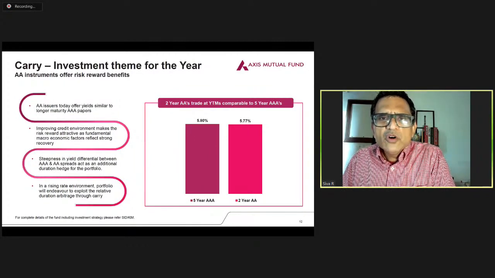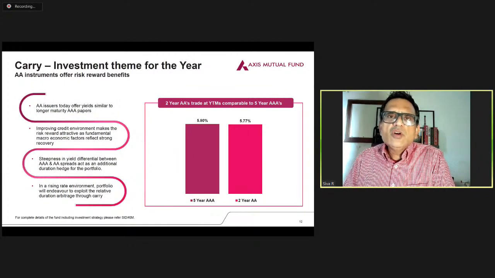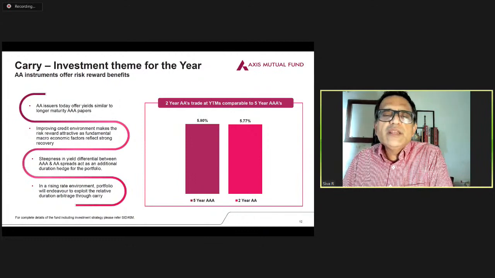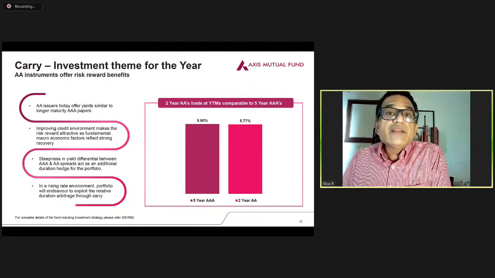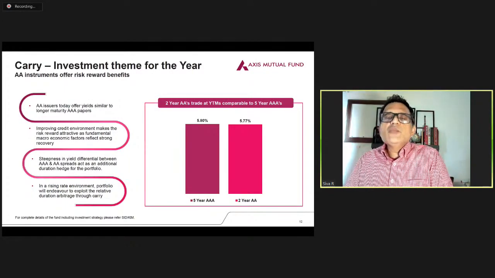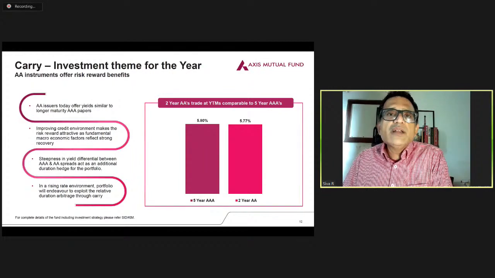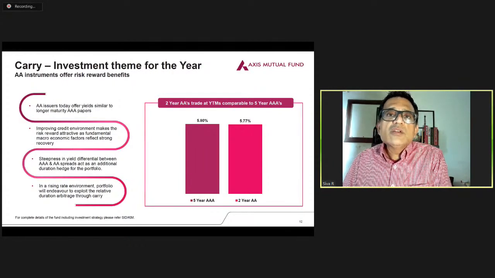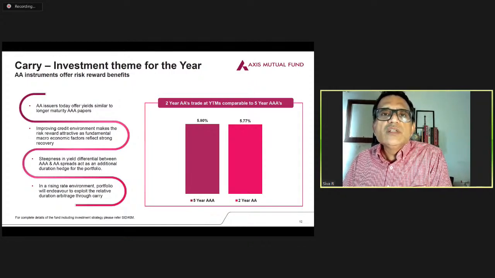As I mentioned before, in a rising interest rate environment, the longer duration bond carries more risk. So if you have two bonds which have similar yields, in this case a 5-year AAA and a 2-year AA, in a rising interest rate environment the 2-year AA is where you would want to be, assuming that the credit risk is manageable. So if you are careful about the kind of credit risk that you run, the kind of names that you have in your portfolio, then in today's environment I think it makes a lot of sense to have some allocation towards credit.